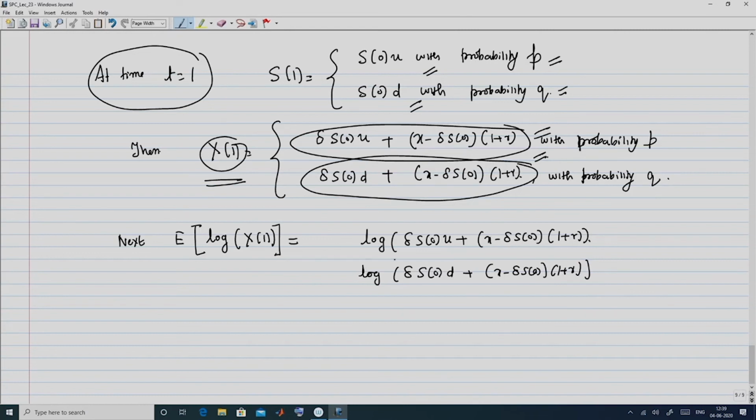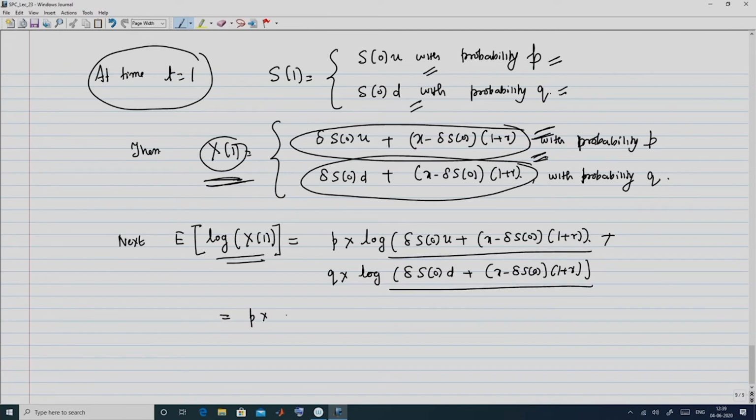And since I am calculating the expectation of the random log of this quantity, I have to multiply it with the associated probabilities, that is p into log of this quantity plus q into log of the second quantity. So I am just going to do a bit of a reshuffling of the terms in both the cases.